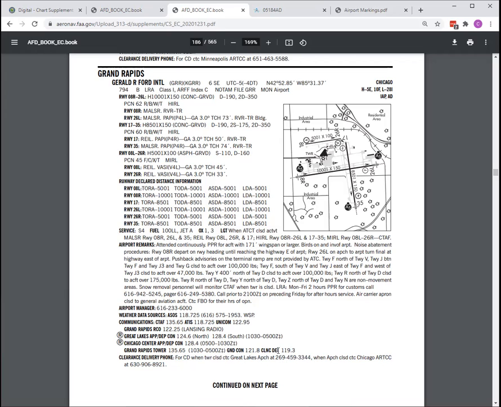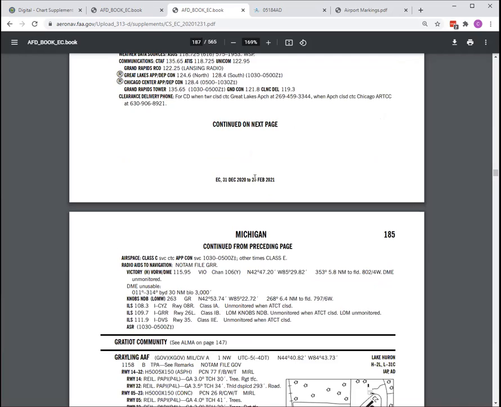Overall, it's a very detailed informational section on the airport. Oh, whoops, I have more down here apparently. It gives you more information about some of the instrument approaches and what's allowed and nav aids and stuff like that.